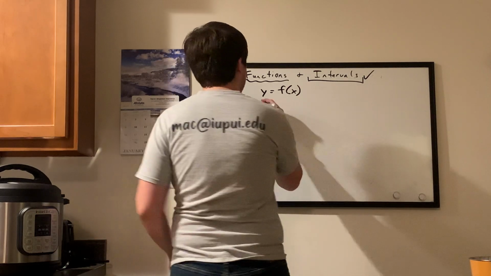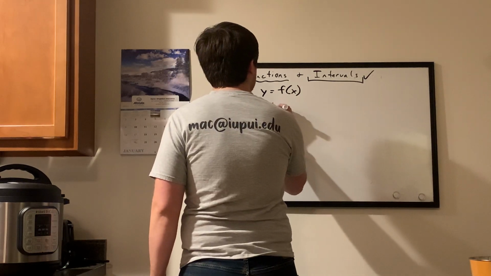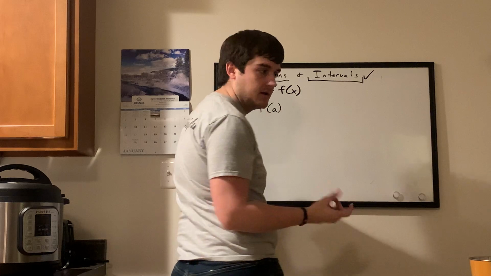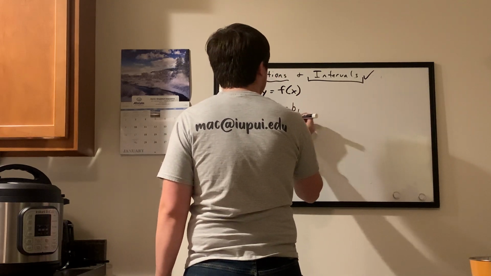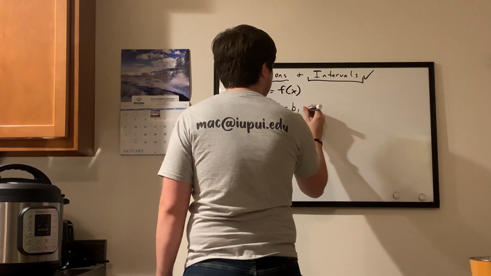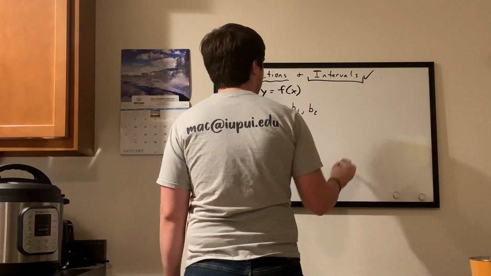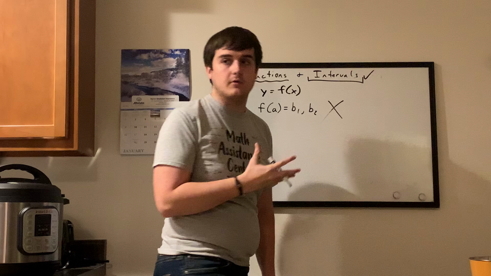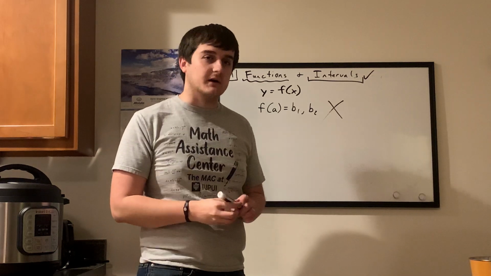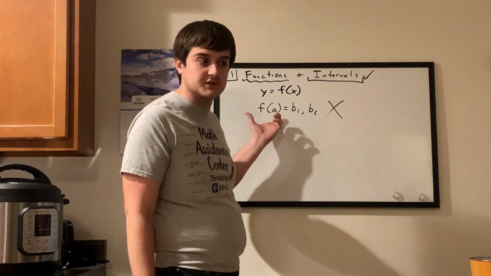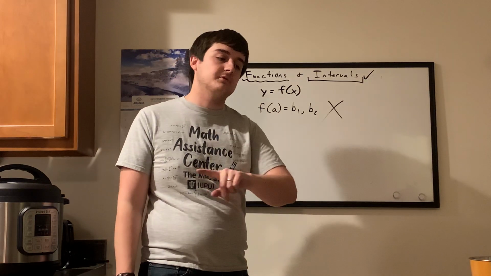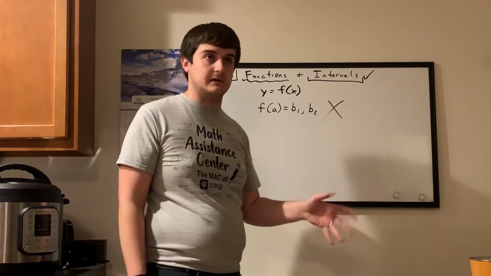If I put f of a into a function and I get b1, but I also get b2, that's a problem. That doesn't work. I shouldn't put an object into this machine and get two different results. I should be able to predict exactly what that result's going to be.